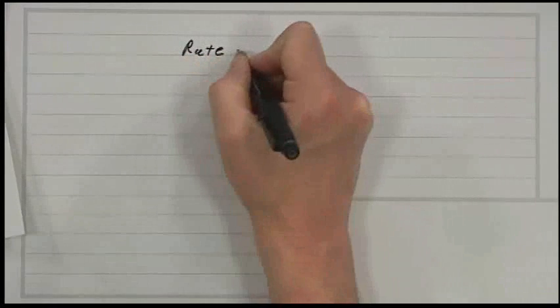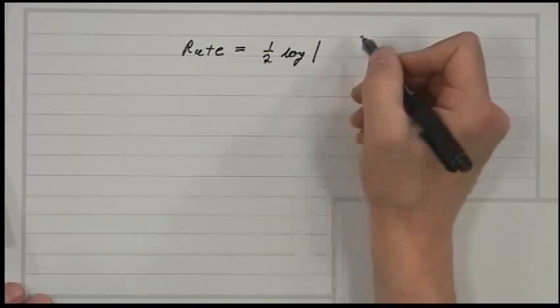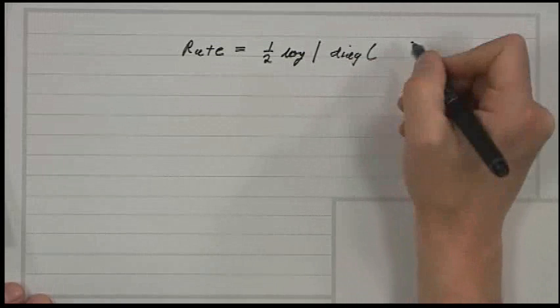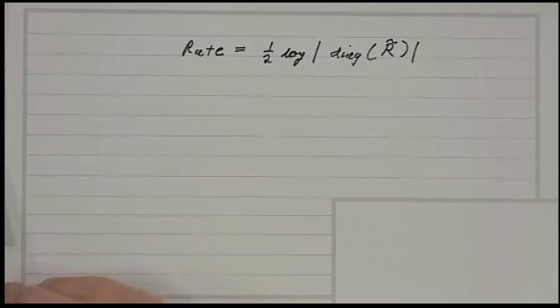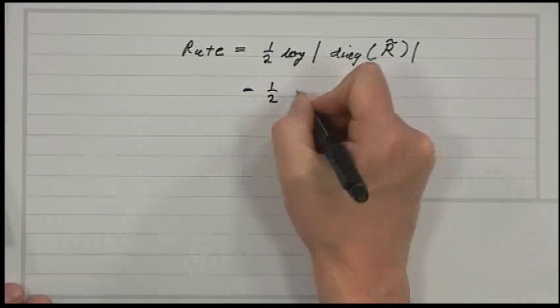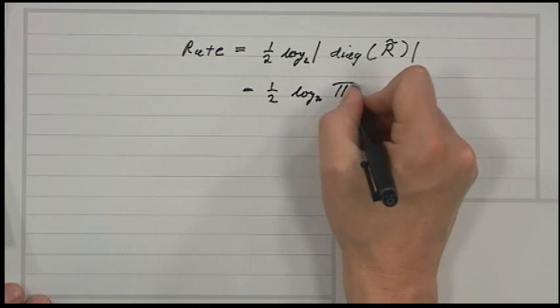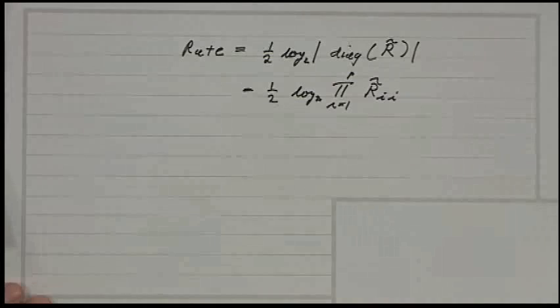Okay, now, I know this is getting a little complicated, but bear with me. That means that I can write that the rate is going to be equal to 1/2 the log of the determinant of the diagonal of r tilde, because that's by definition equal to 1/2 the log base 2 of the product from i equals 1 to p of r tilde ii, right?